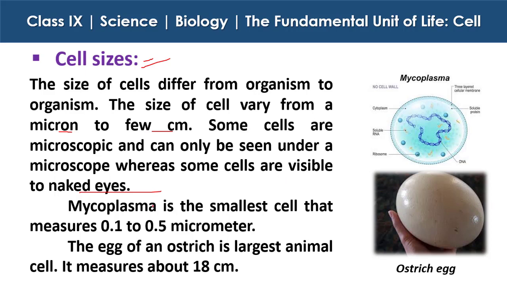For example, mycoplasma is the smallest cell that measures about 0.1 to 0.5 micrometer, whereas the egg of an ostrich is the largest animal cell, which measures about 18 centimeters.